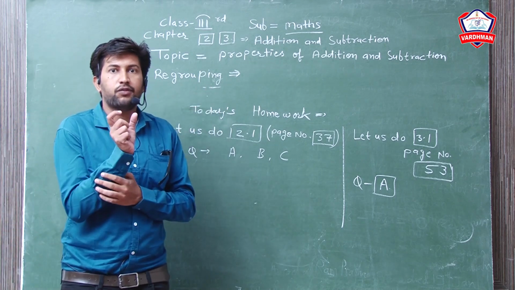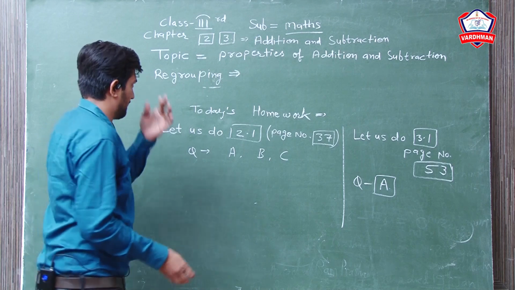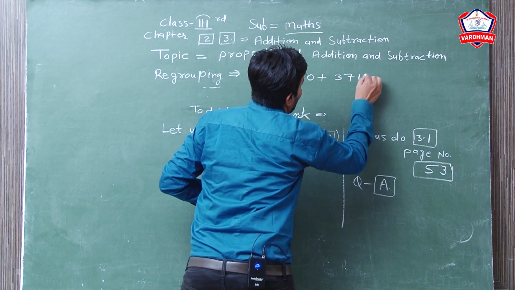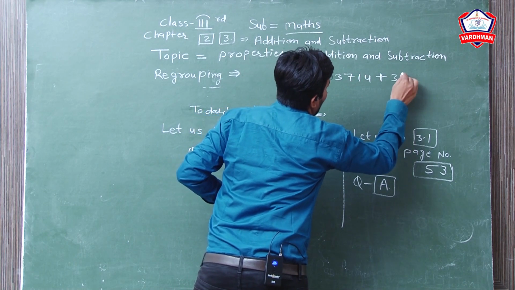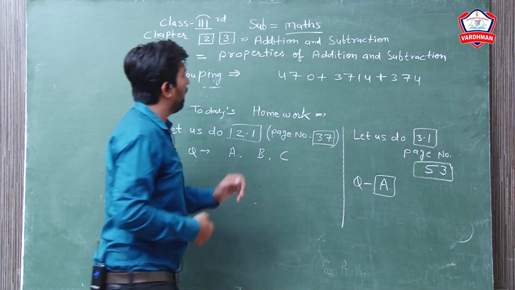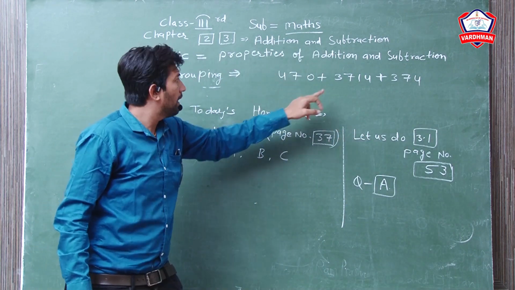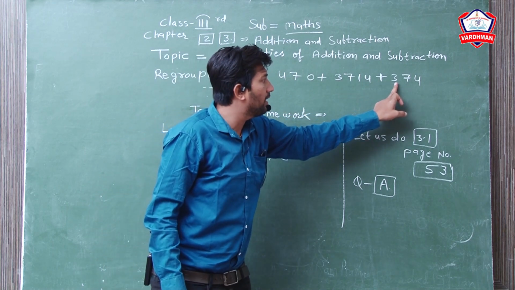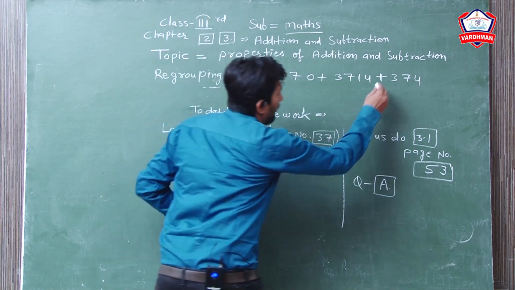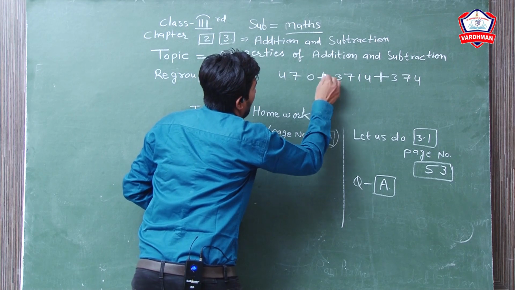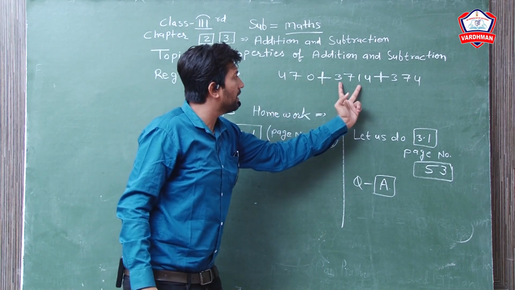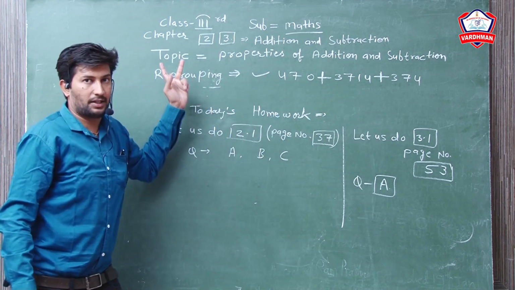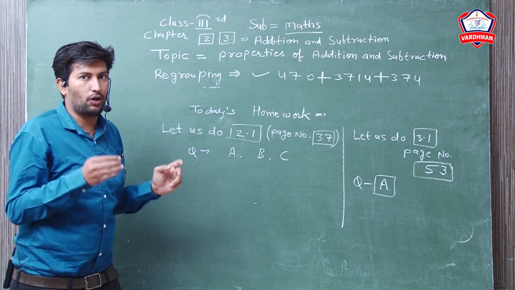If you have one row formation addition like this, like you have 3-digit numbers 470, 3714 and 374, with first digit, second digit and third digit. In row form, you can regroup it, and then solve by the standard method.